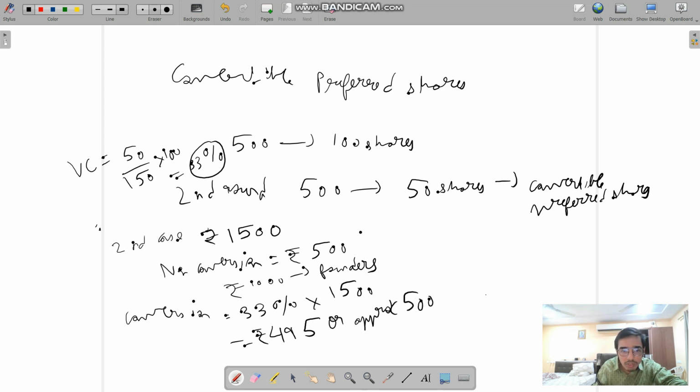So in this case I am indifferent. Because I'm getting 500 on non-conversion, and even if I convert it, I'm getting approximately 500. So I don't care whether I convert or not. Now let's come on to the third case.